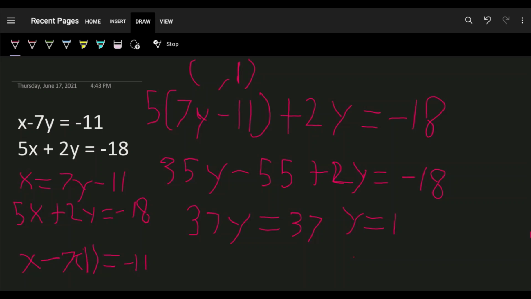So x minus 7 equals negative 11. We could find x by adding 7, which would equal negative 4. Thus, we just solved the system, and the solution is negative 4, 1.